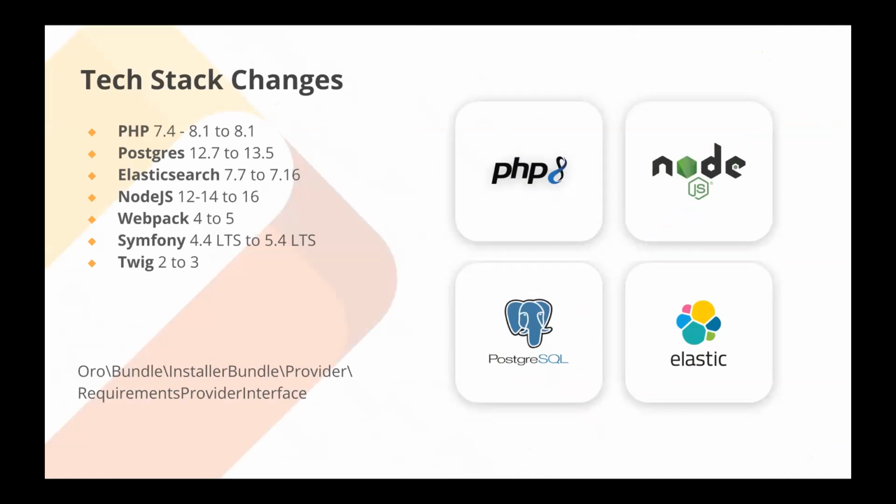Also we upgraded Postgres, Elasticsearch, and Node.js versions, and for developers nothing special was changed here, but now after an upgrade you have a longer support cycle for this version. So if you upgrade to Postgres 13.5, you will get a long enough lifetime period for this service without changing the version during the LTS release life cycle for 5.0.